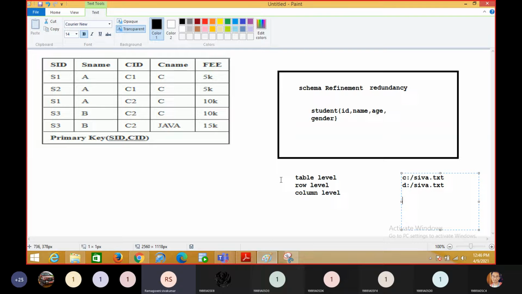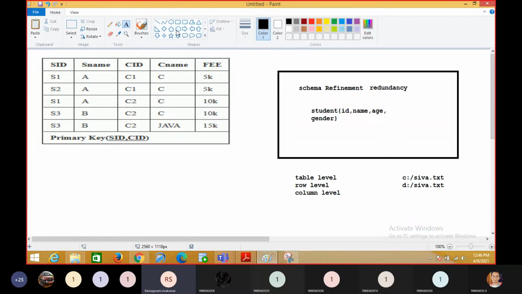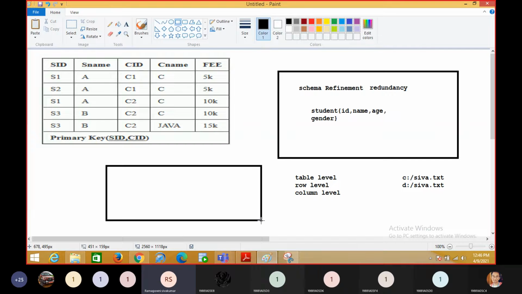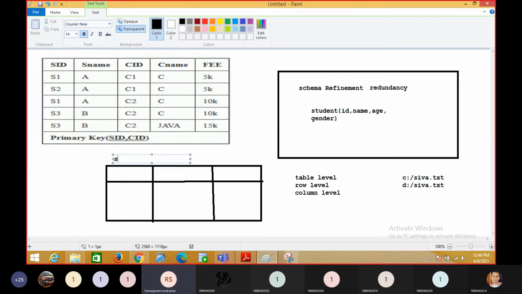Row level redundancy. See here, I am creating one table called student table. Table student having student ID and name.